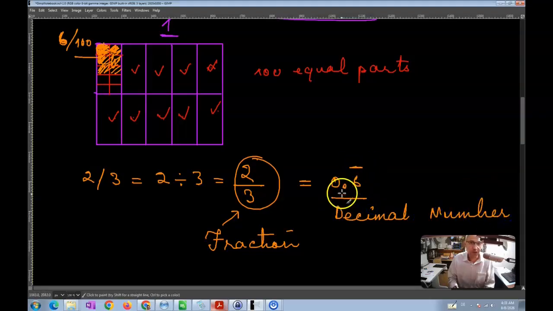And of course you can imagine that 0.6 is a number which is smaller than 1.